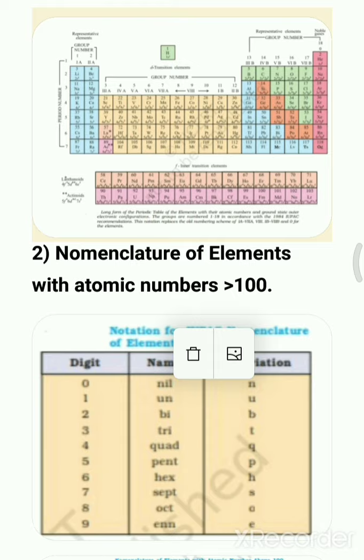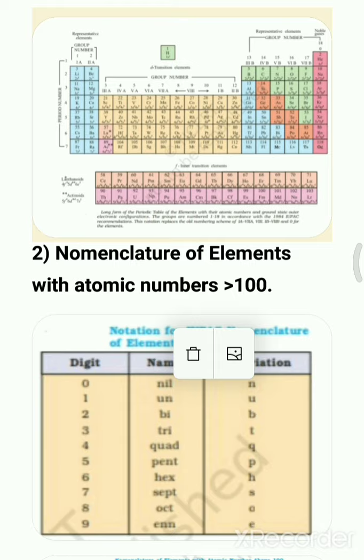For the digit 3, we call it tri, abbreviated as t. Digit 4 we call it quad, abbreviated as q, and so on up to 9. The ninth one is enn, and we abbreviate it as e.